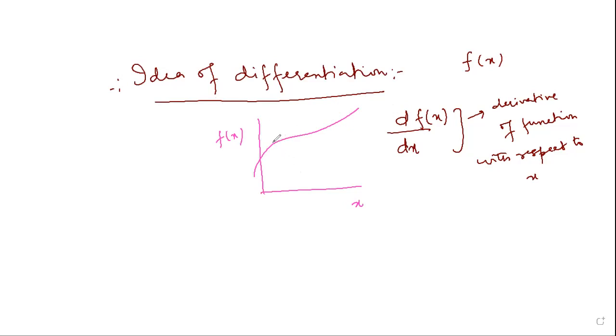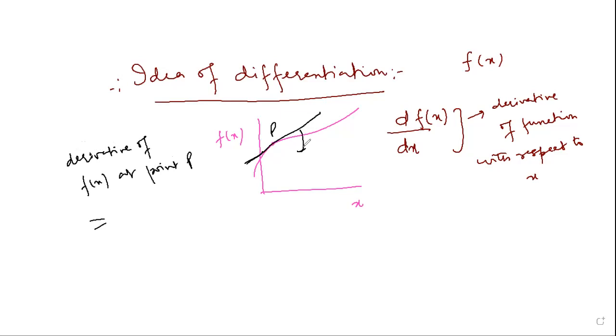Now if you select some point P, and if you find derivative at this point P, derivative of f of x at point P, it is geometrically, I draw tangent at point P, right?